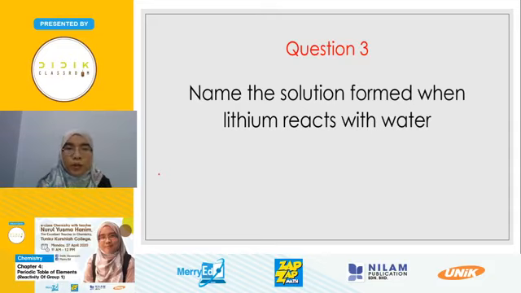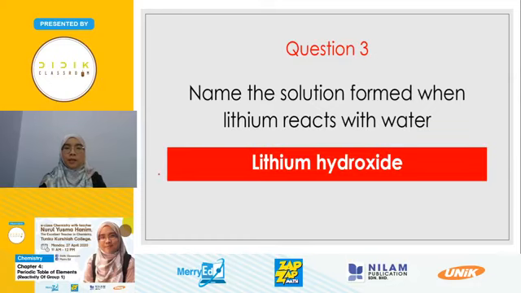Question 3. Name the solution formed when lithium reacts with water. And the answer is lithium hydroxide. When the question asks you for a name, make sure you give the name.